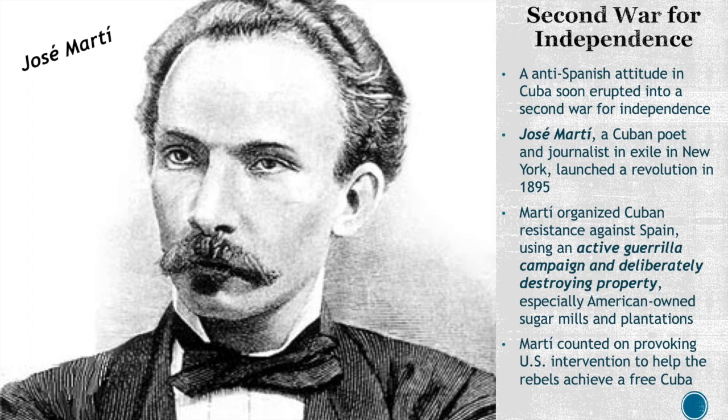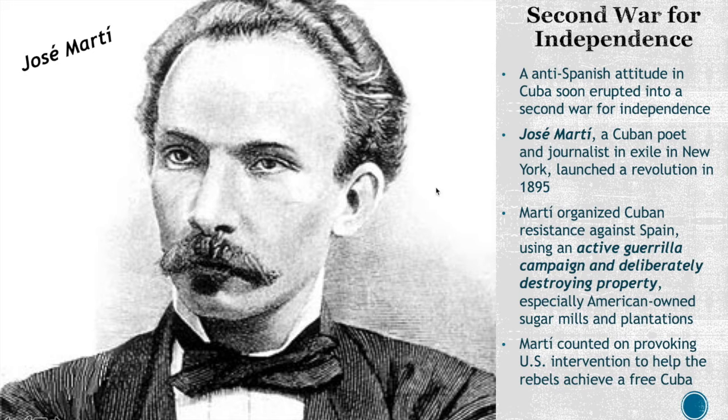All right, so guerrilla warfare is a hit-and-run tactic, and deliberately destroying property, especially American-owned sugar mills and plantations. He also provoked the United States intervention to help the rebels achieve freedom in Cuba.